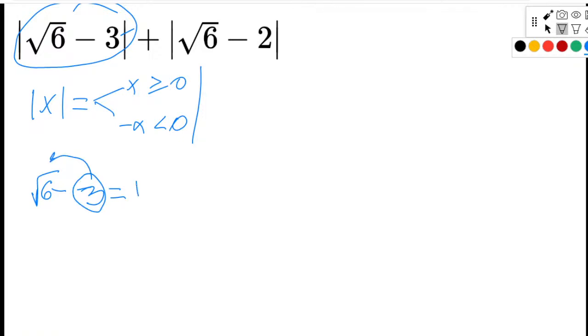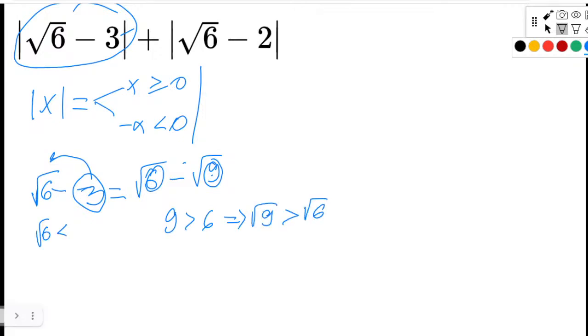So it's square root of 6 minus square root of 9. Numbers within the square roots are 6 and 9. So 9 is more than 6. Then, since 9 is more than 6, square root of 9 will be more than square root of 6.